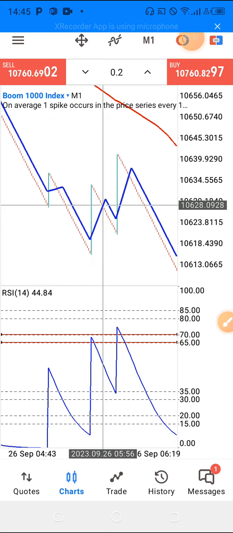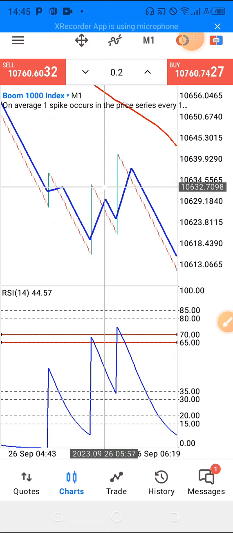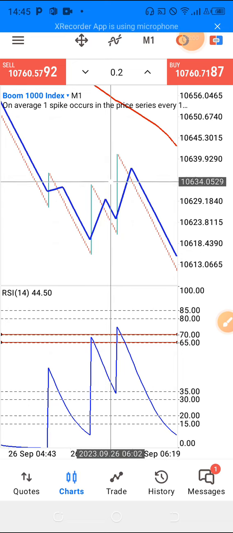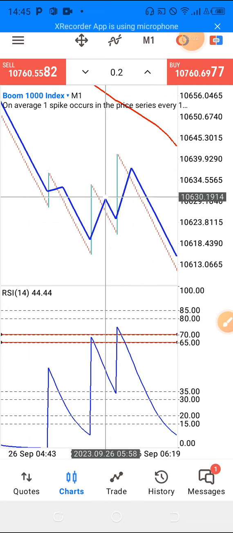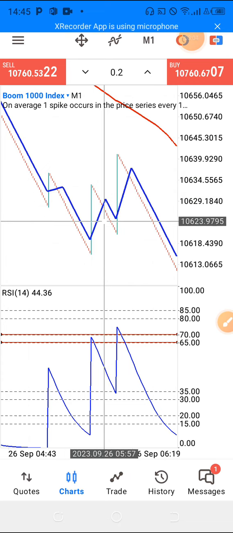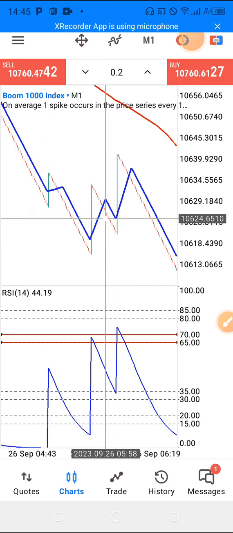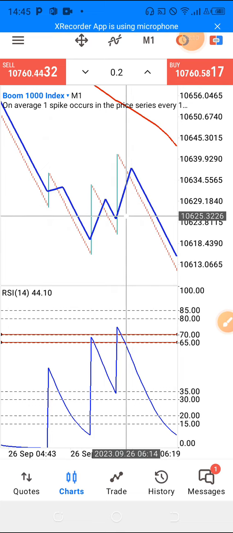There is no zoom level because these indicators do not repaint, so we're not going to make use of any zoom level. So at this particular level, we're going to only take 5 candles, and here we also have the RSI crossing level 70.